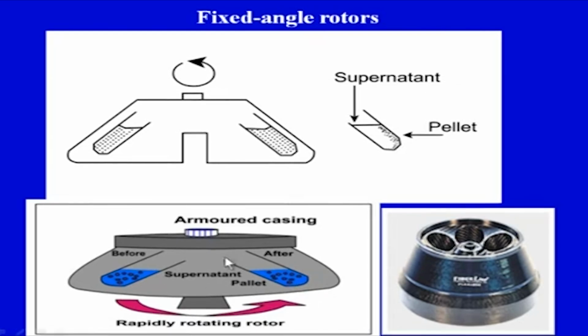So, this is how the angle rotor looks, a typical angle rotor, and the larger tubes can go in here. This is placed into the centrifuge on the central drive shaft, and then it is spun at a particular RCF value as per the specification of the rotor.